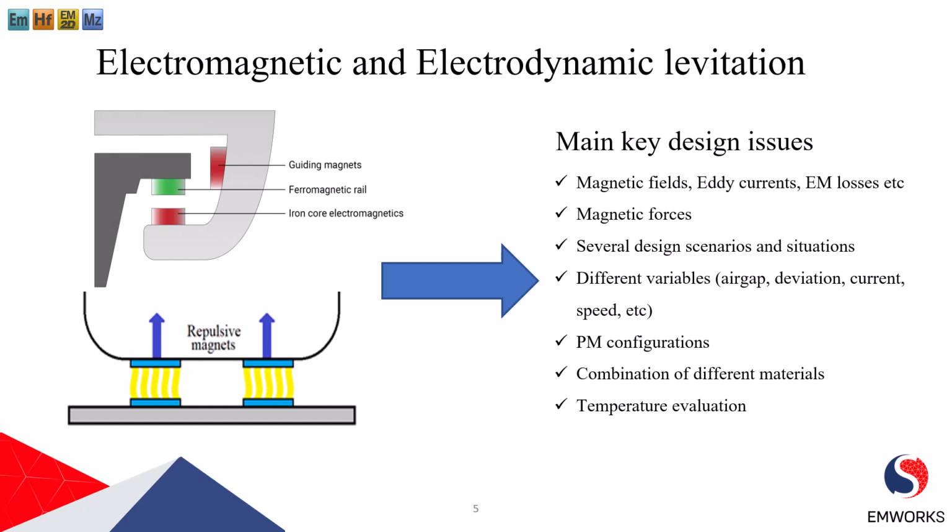The use of permanent magnets or electromagnets can be put in a specific configuration, so you can evaluate different configurations to analyze different output results. With the combination of different materials, you can evaluate your results by changing the conductive or the ferromagnetic materials and evaluate your output data.